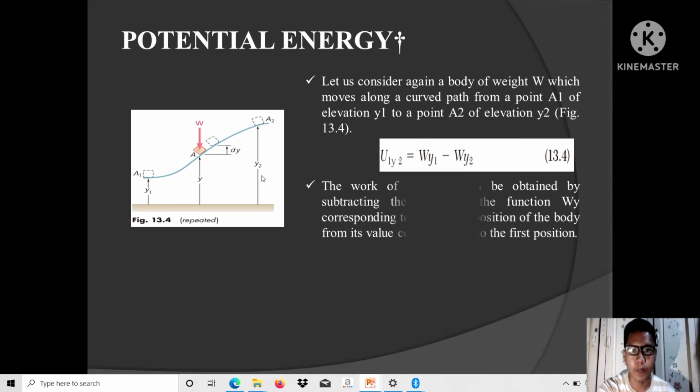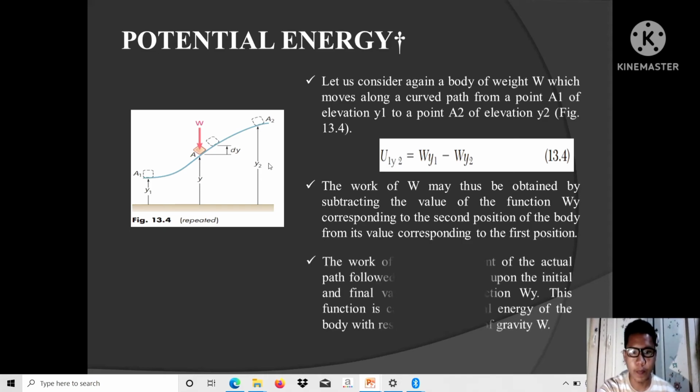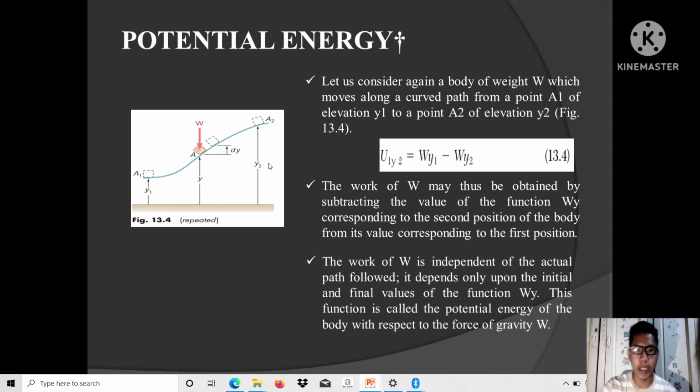We have also the work of the weight, which may be obtained by subtracting the value of the function W y corresponding to the second position of the body from its value corresponding to the first position. So the work of W is independent of the actual path followed.